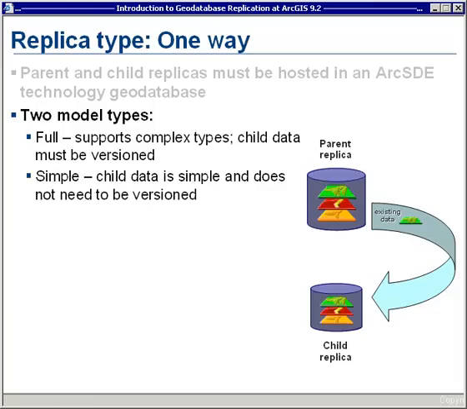The full model type supports creating replicas with complex data types like geometric networks and topologies, and requires that the child data be versioned. With the simple model, the child replica's data is created as simple types and is not registered as versioned. Therefore, geometric networks or topologies from the source geodatabase are not created on the destination.